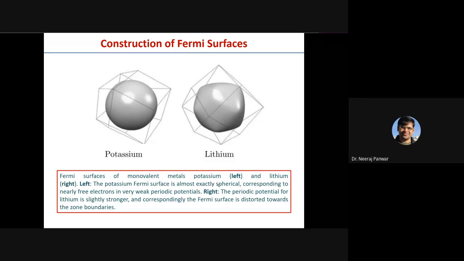It is exactly spherical for potassium metal in the nearly free electron model, and the periodic potential for lithium metal is slightly stronger than potassium, and correspondingly the Fermi surface is distorted towards the zone boundary.